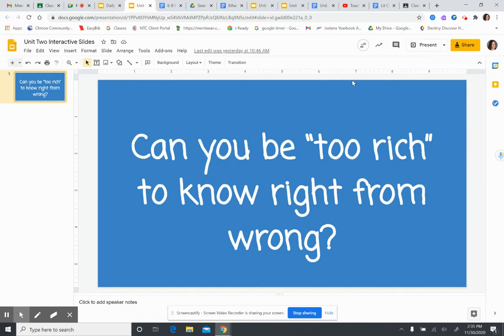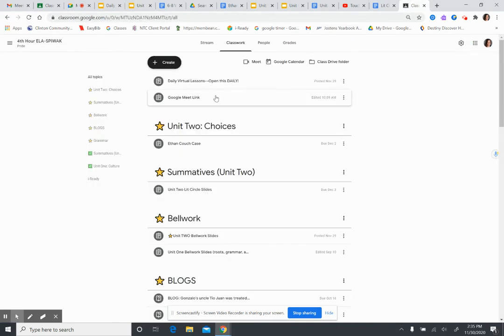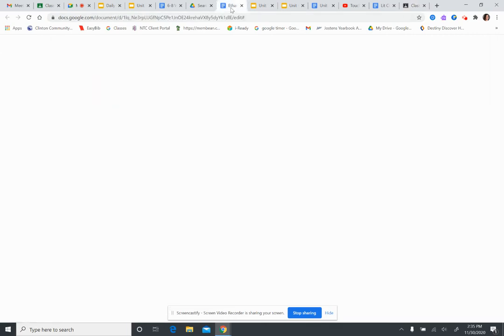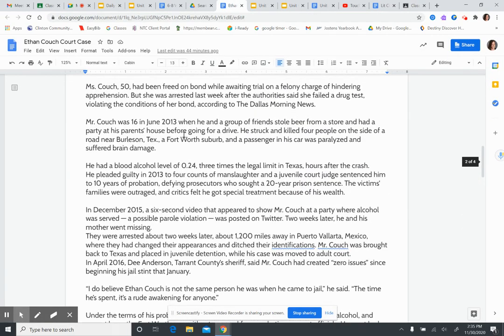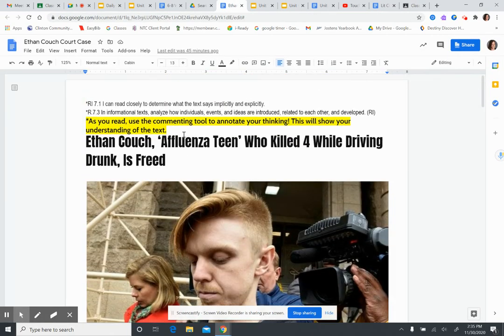Okay, after you've discussed this question, you want to open up Google Classroom, under Unit 2 Choices. There is an article or a doc right here called the Ethan Couch Case. You'll understand why I asked that question once you read this article. So go ahead and click on that, and you're going to be opening up an article that looks like this.